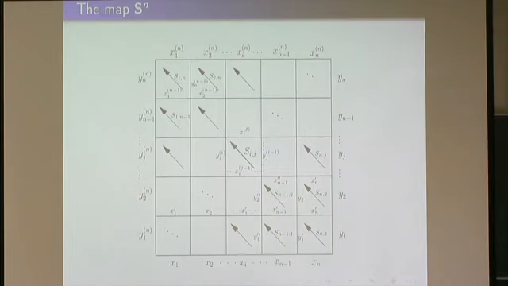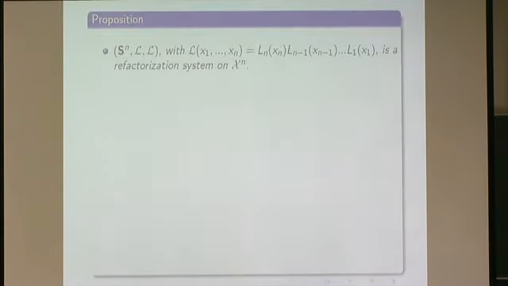Now the map Sn, with the formula that I presented before, is exactly the map that takes these values here and here to the values here and here of this big square. So in this sense, it is a composition of the Sij maps. And now we can prove some facts about this map.